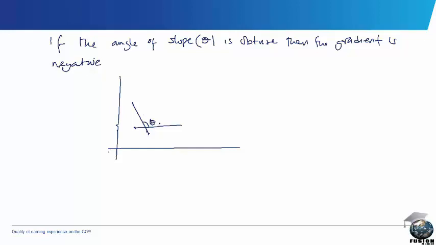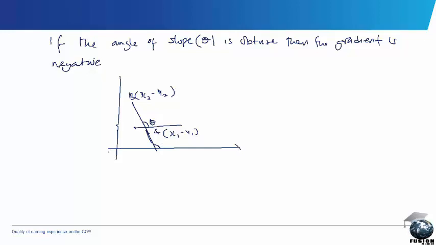This is an obtuse angle at point A, where we have x1 and y1, and at point B we have x2 and y2. Theta itself is greater than 90 degrees, and curves of this nature will have a negative slope.